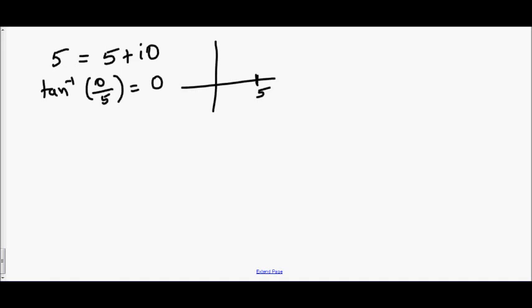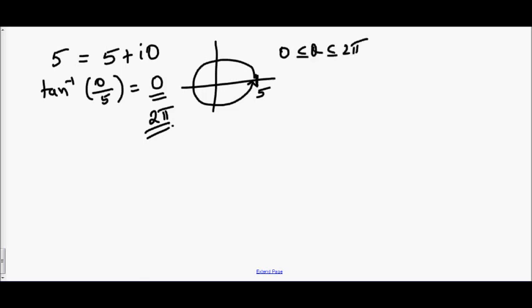So this means that the argument is 0, and we don't usually take it as 0 because you go around and you can take it as 2 pi. So you can write this as 2 pi, or you can write it as 0 here, depending upon the question. If the question is asking for an angle from 0 to 2 pi, then you can use 2 pi.